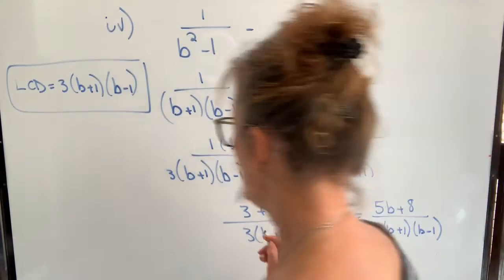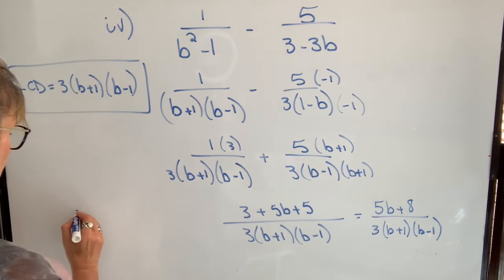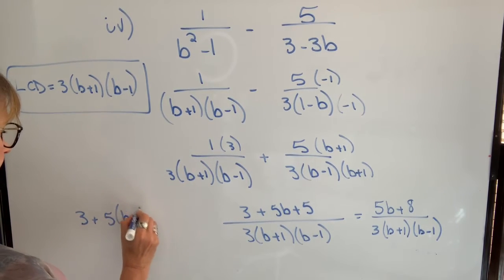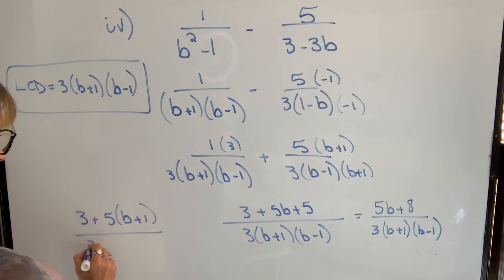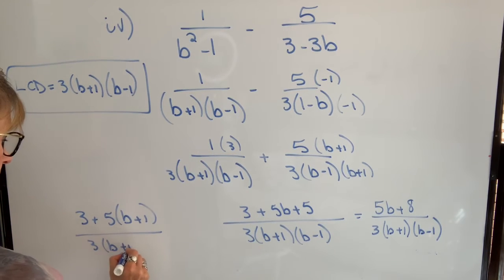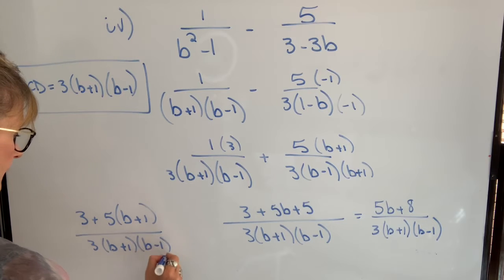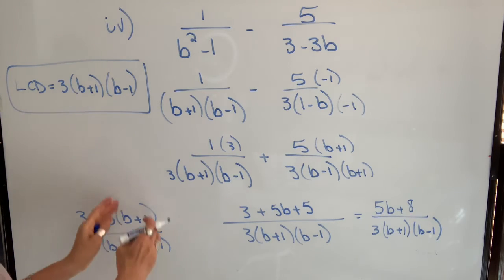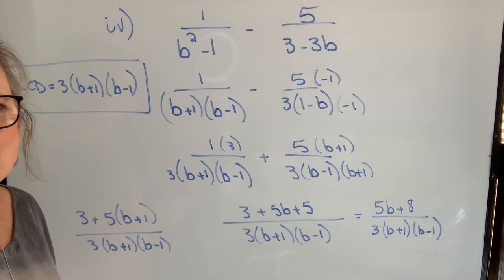I want you to be careful. If you would have written that as 3 plus 5 times b plus 1 over that denominator, that would be correct, but what I find is that a lot of students then are tempted to cancel that b plus 1 because they think, well, it's in brackets there, it's in brackets there, I can do it.